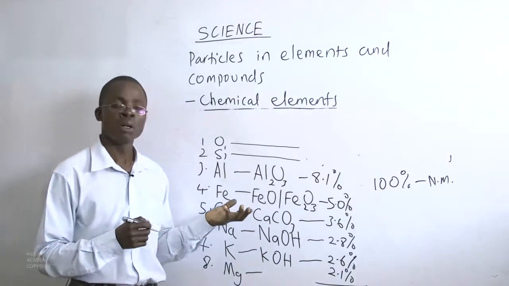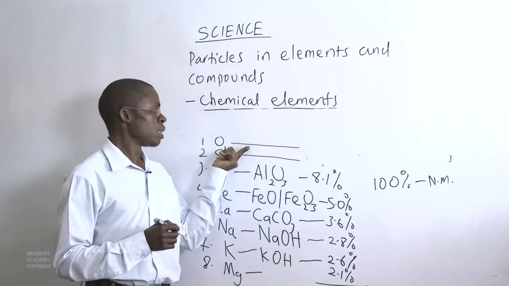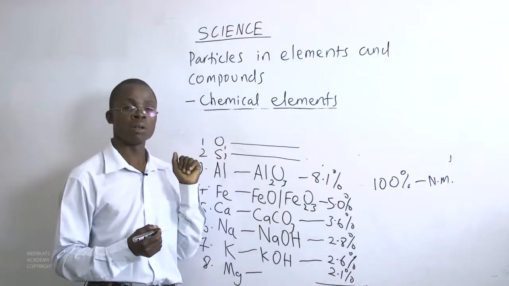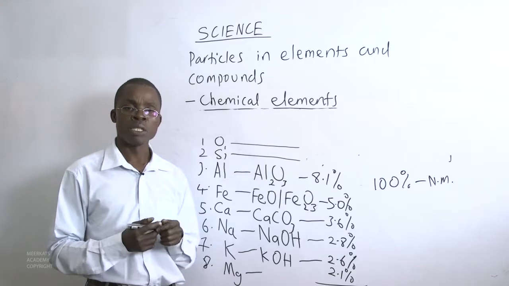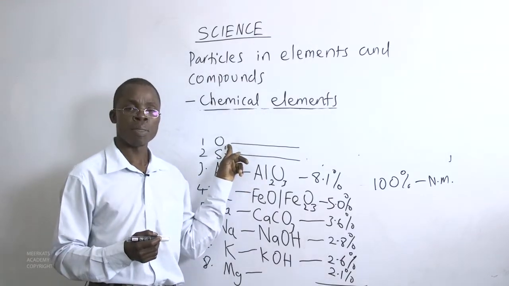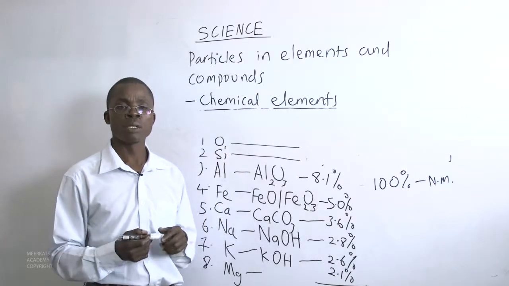For example, you will go to Germany, the element oxygen must just be written as O. You go to Britain, in English, it has to be written as O. You go to Japan, the same story.